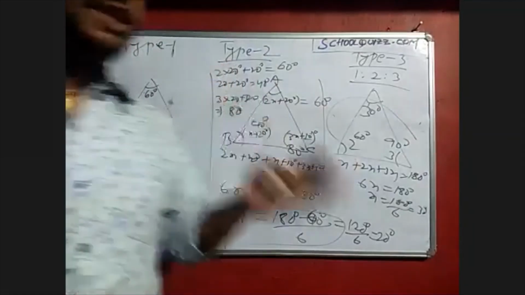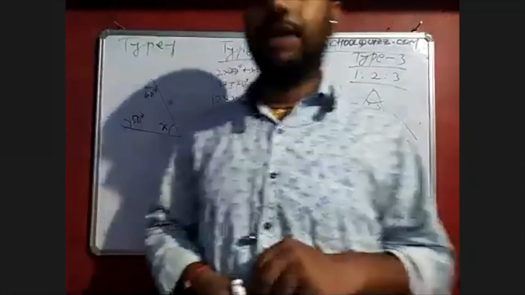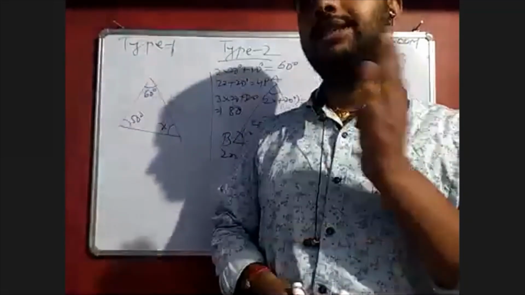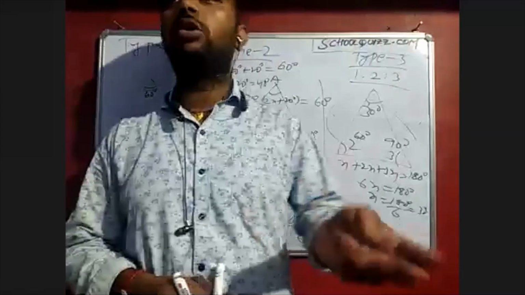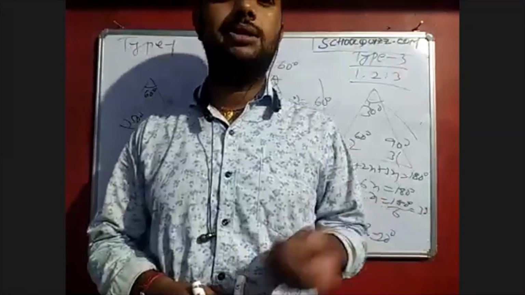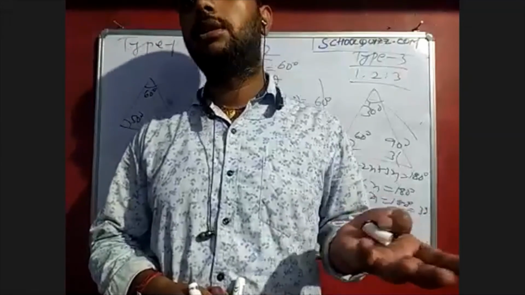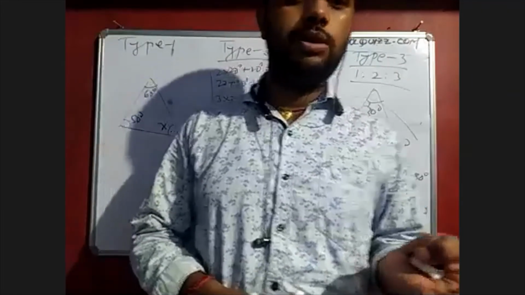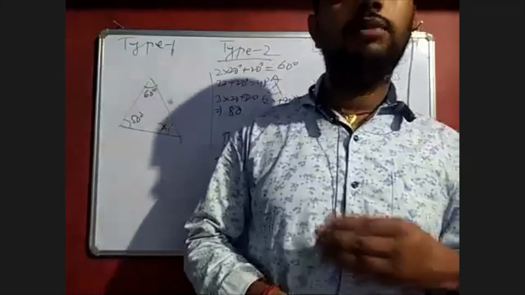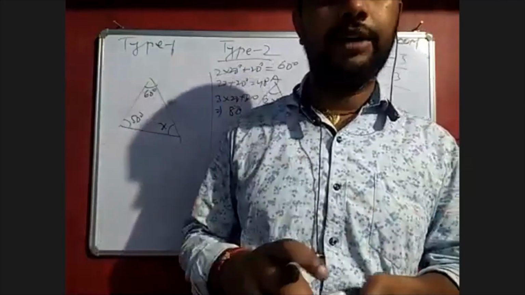Suppose when we solve congruency of triangles, at that time we will see what things we need to keep in mind. There are a maximum of 4 congruency criteria for triangles: ASA, SAS, SSS and RHS.